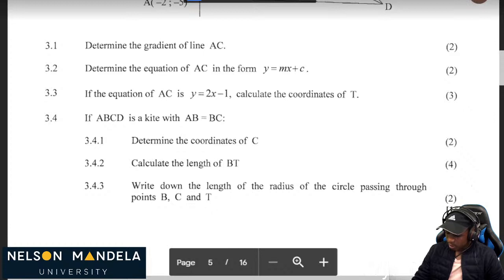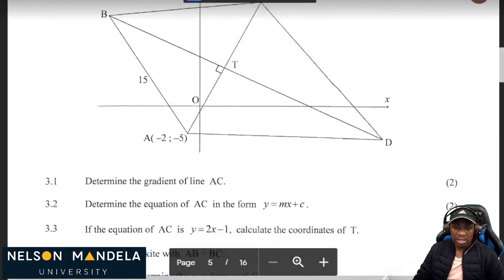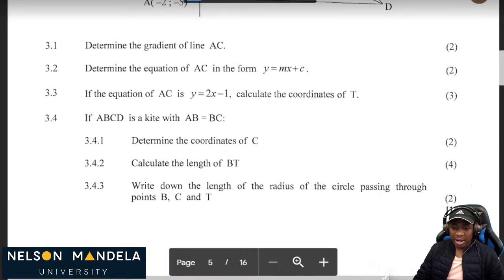We have B, C, and that is our T. So now write down the length of the radius of the circle passing through the points. We can say that BC is a diameter.